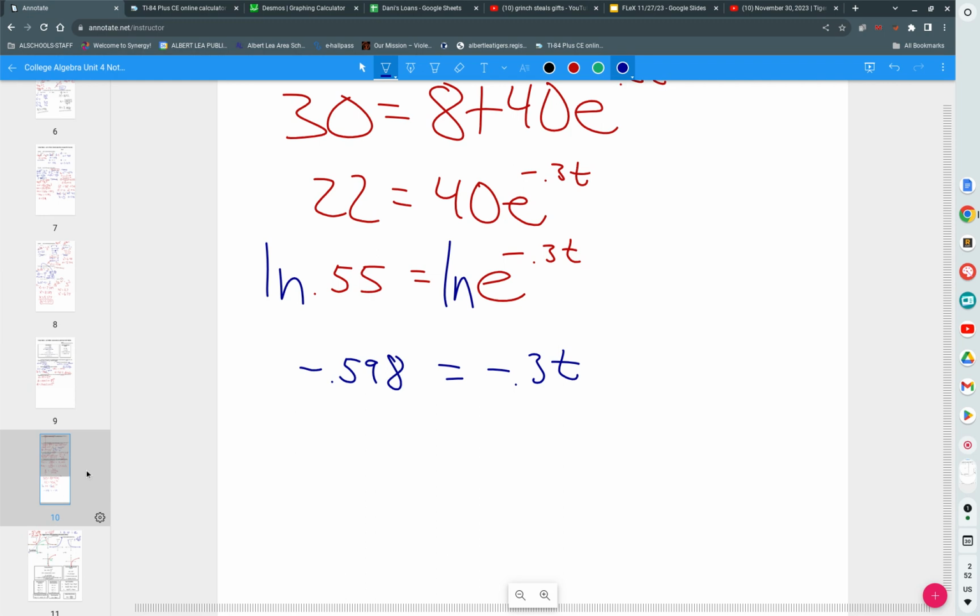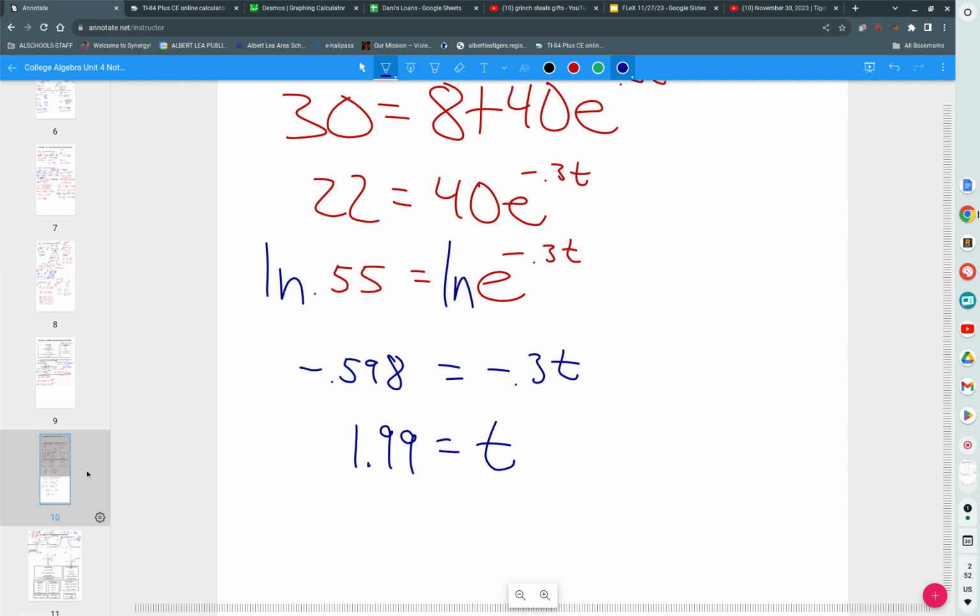I divide both sides by negative 0.3 and I get 1.99 is equal to t. Now in context of the problem, some people will just leave the 1.99, they won't worry about it. I can't live that way. I have to ask myself, is that reasonable?